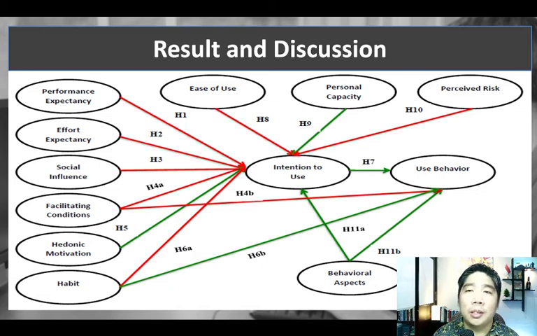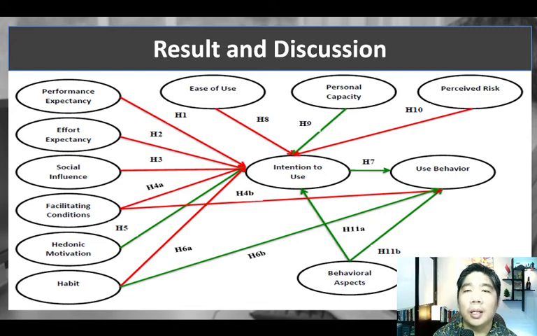Next, hypothesis 4a, from facilitating condition to intention to use. The facilitating condition factor doesn't affect the intention to use because users aged 18 to 23 years already have a smartphone with very supportive facilities. So facilitating condition doesn't affect the intention to use the cashback program on mobile payment.